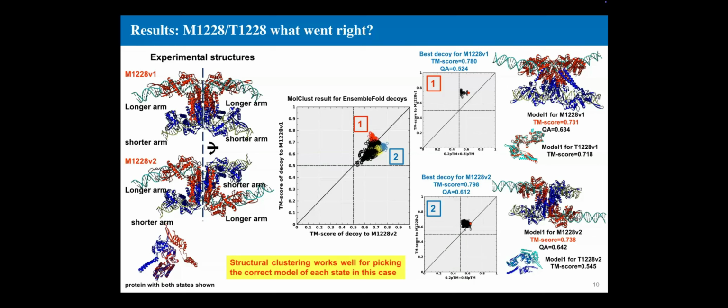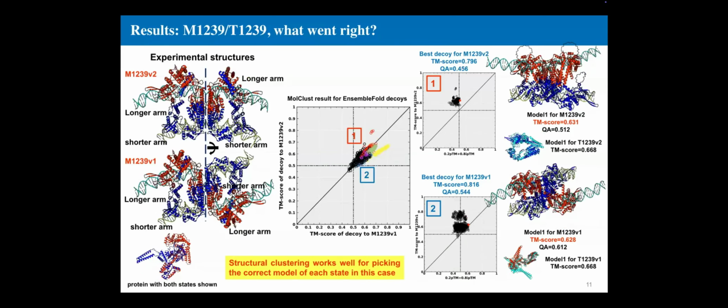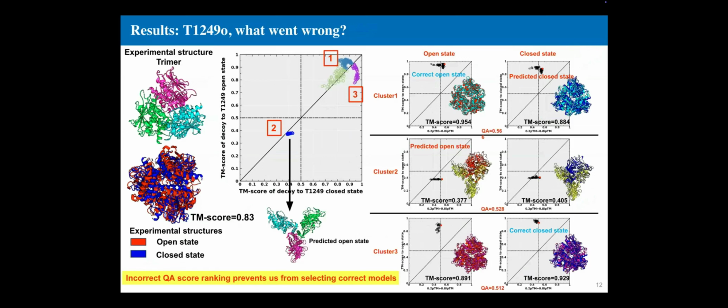So this case means our structure clustering method works well for picking the correct model for each state, at least in this target. The modeling method we use here is almost the same as for the last target, so we can skip the slide here.